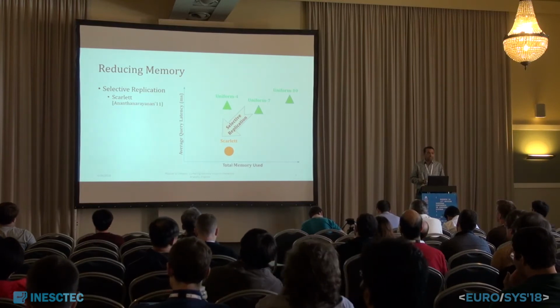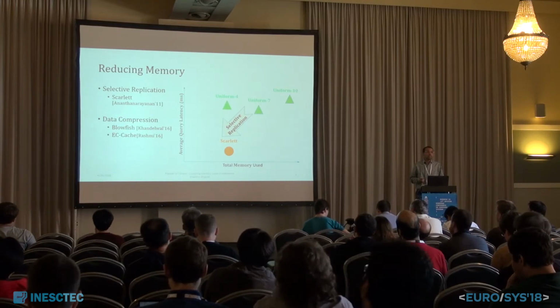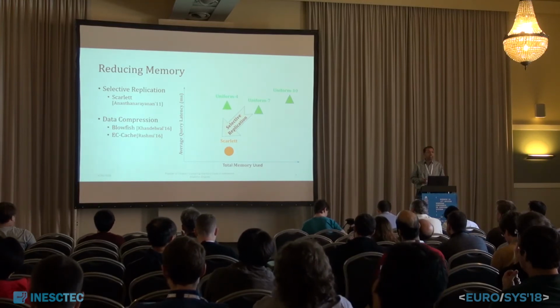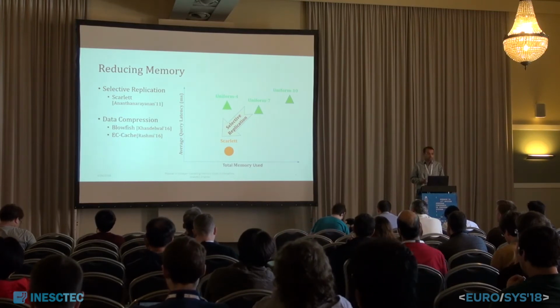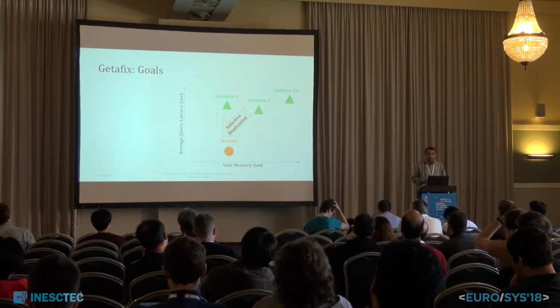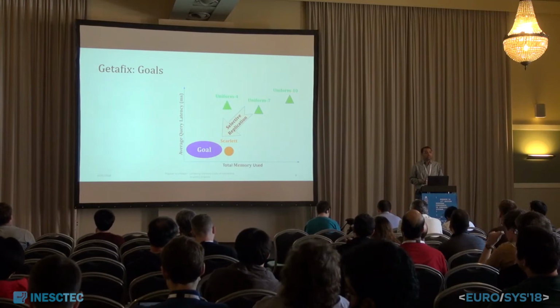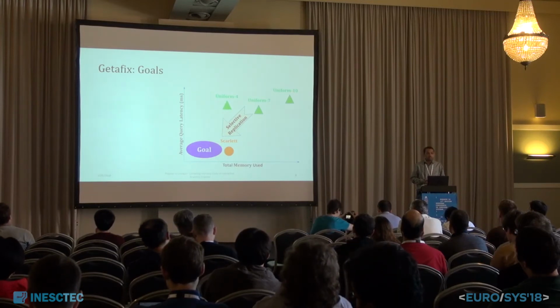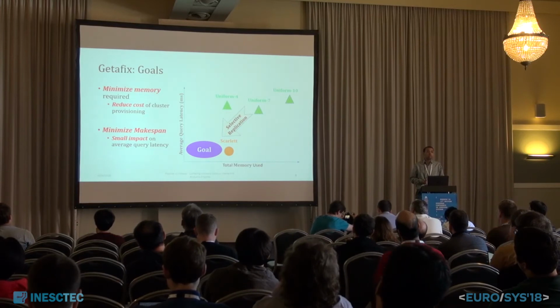There are other schemes that look at compressing unpopular data. Note that this is complementary to our work, and in this work we focus on finding better selective replication schemes. Concretely, the goal of our system, GetFX, is to occupy this portion of the trade-off space. To break it down even further, we want to minimize memory required with small impact on query latency.